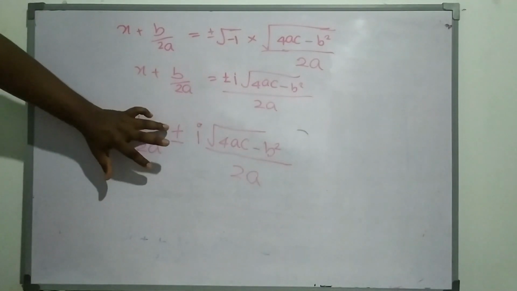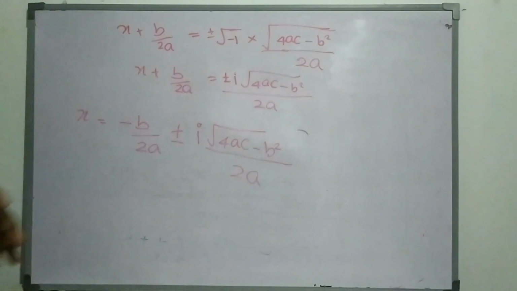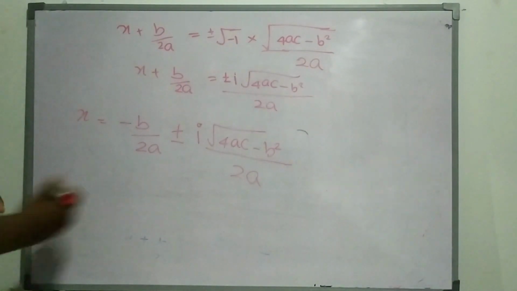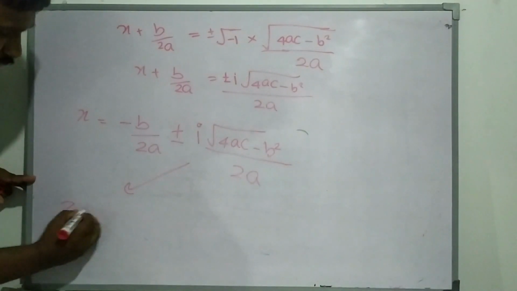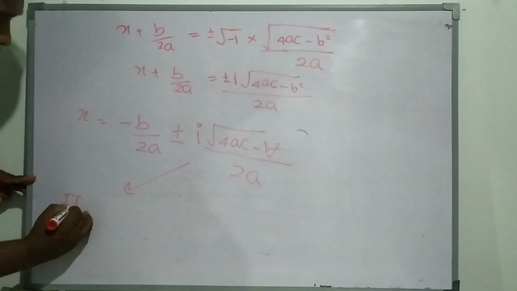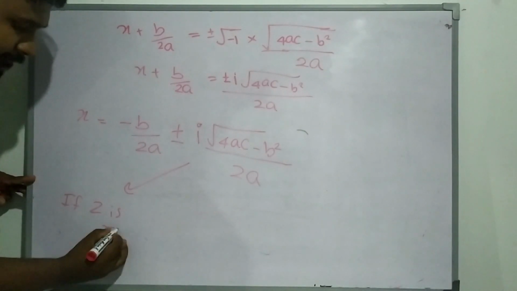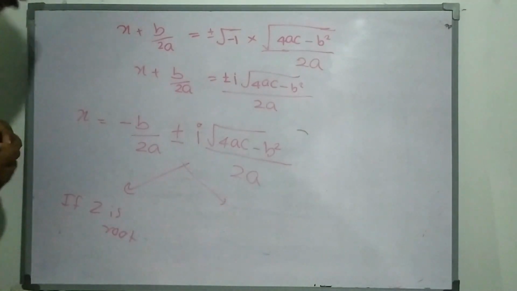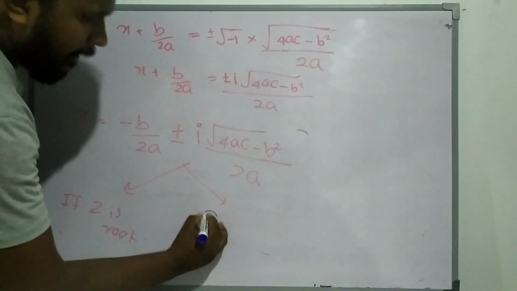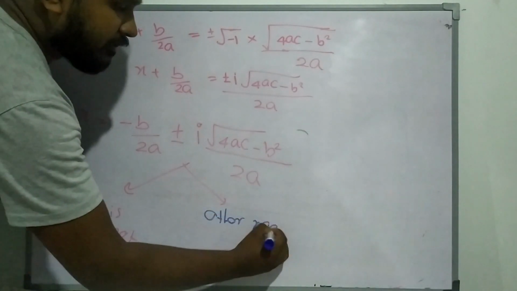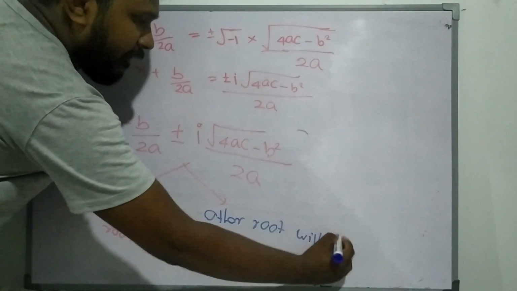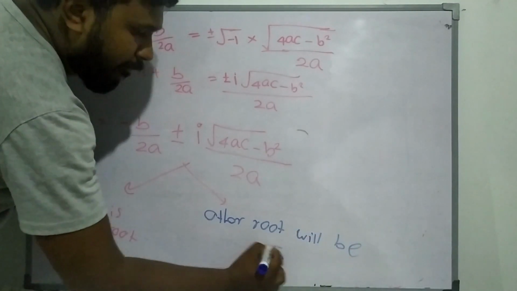So if it is positive, the minus one will be the conjugate. So therefore z is the root. If z is a root, the other root will be z bar.